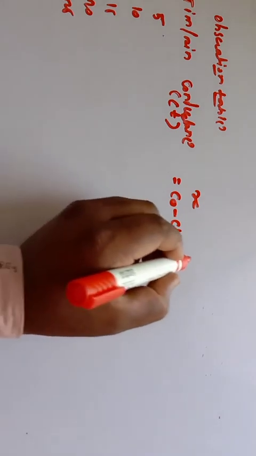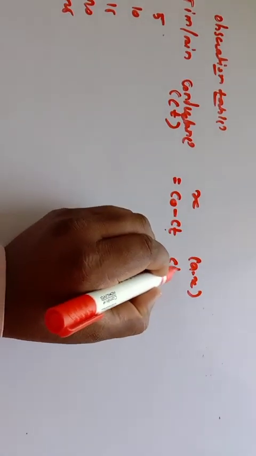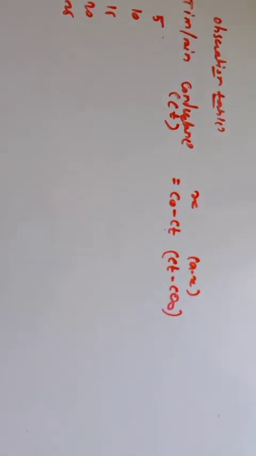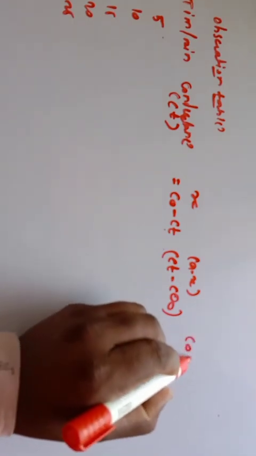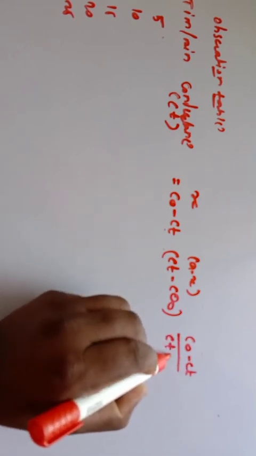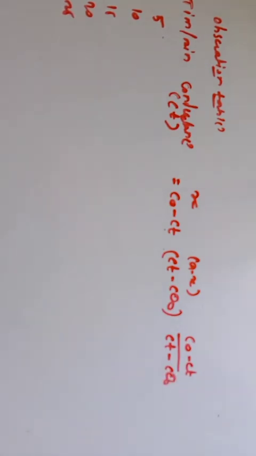Then you have to find A minus x, that is Ct minus C infinity. x is your reacted concentration, A minus x is your remaining concentration. Then you have to find the value of C0 minus Ct upon Ct minus C infinity.